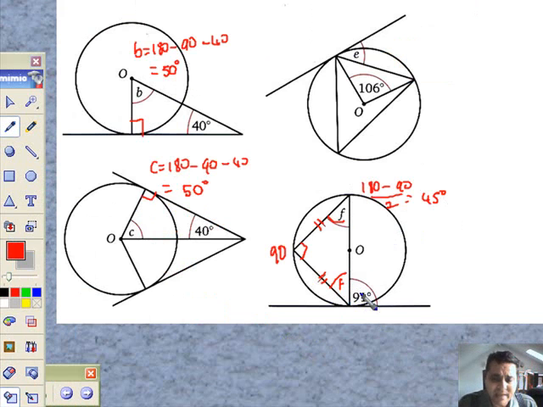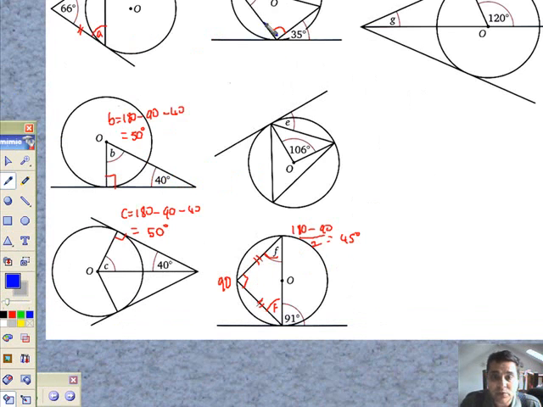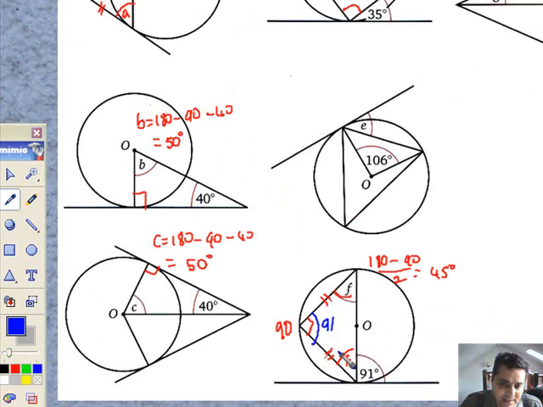Now, if I deliberately allow this mistake of 91 degrees, I've got a different answer. I'm going to do it in a different colour. Sorry to confuse you, but if that's 91 degrees, then according to the alternate segment theorem, this angle should also be 91 degrees. That's in this segment of the circle, and that's the alternate segment of the circle.